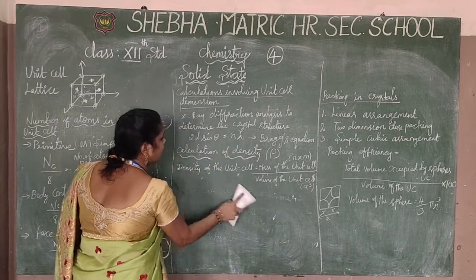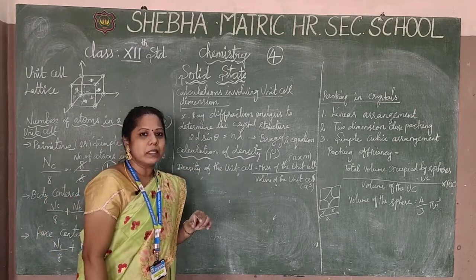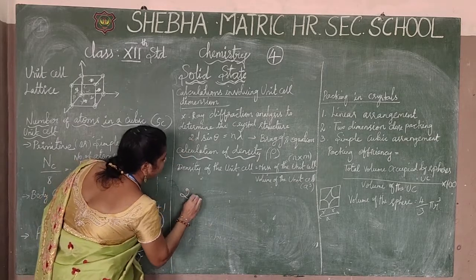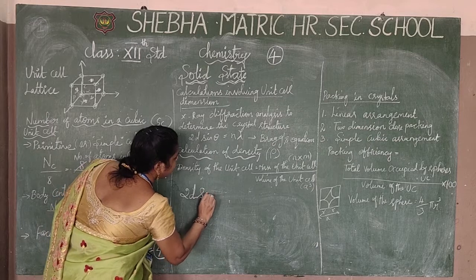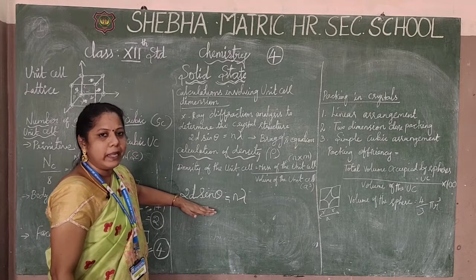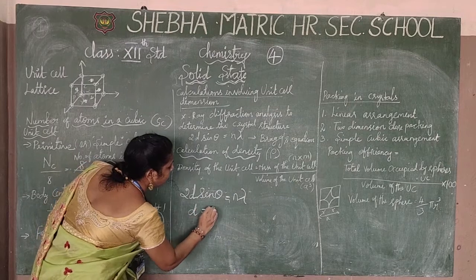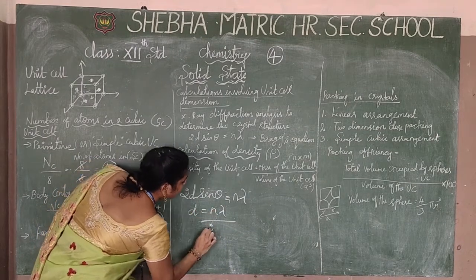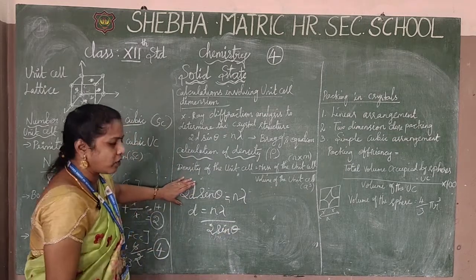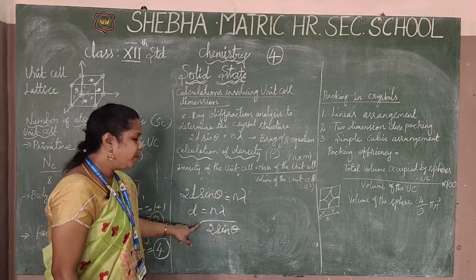And then if you want to find the interplanar distance d, using the same formula 2d sin theta is equal to n lambda, you have to rearrange the equation: d is equal to n lambda by 2 sin theta.